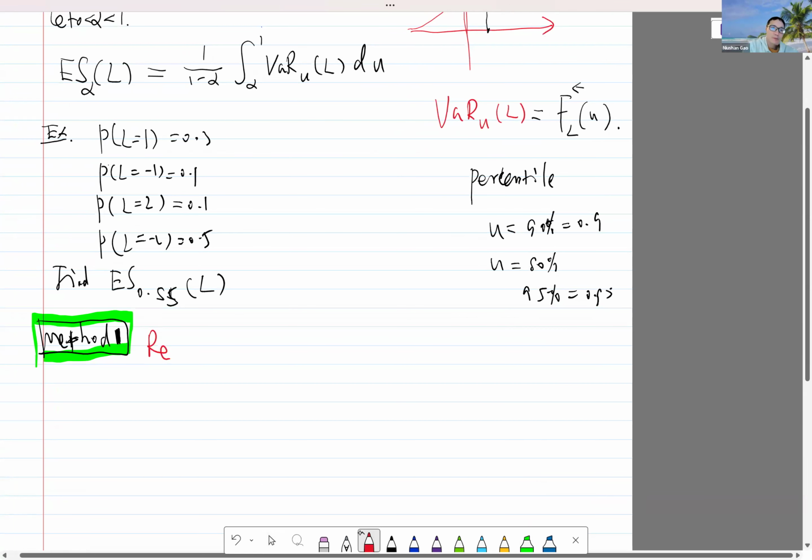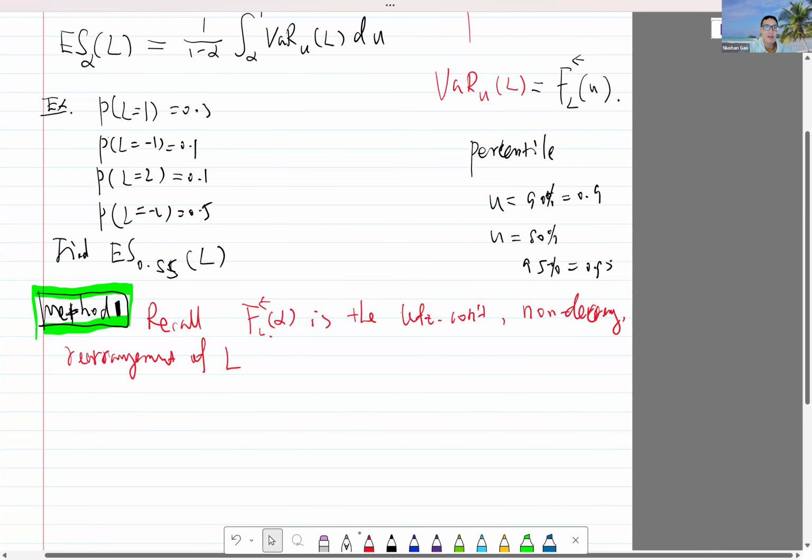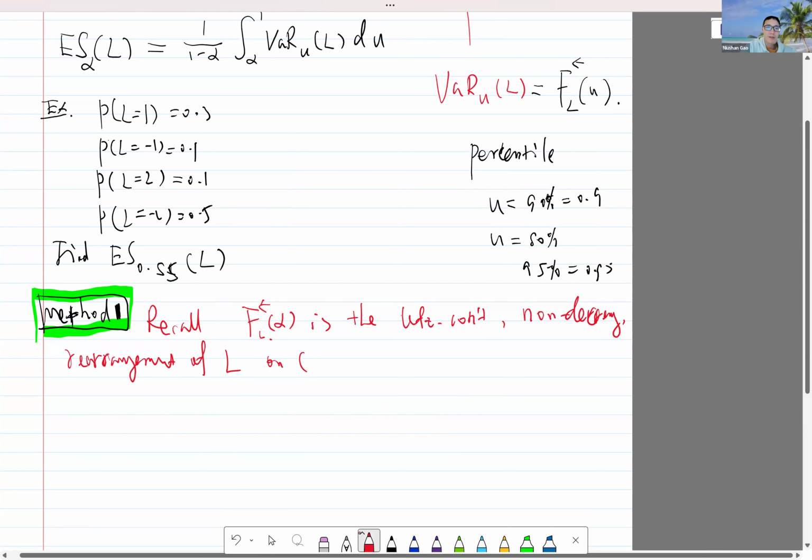So recall, F alpha is the left continuous, non-decreasing rearrangement of L. The quantile function is just rearranging the values of L on the interval 0 to 1.